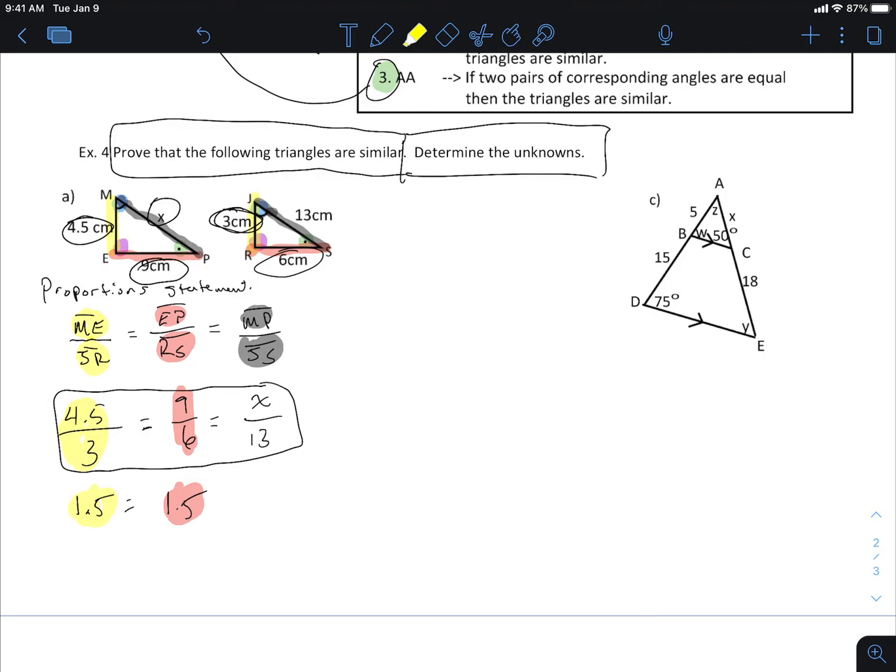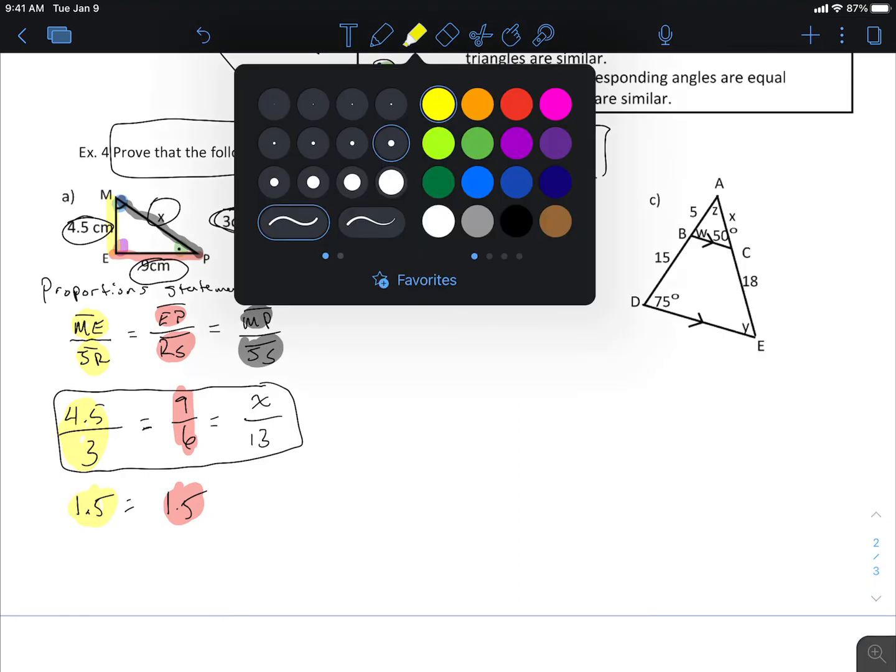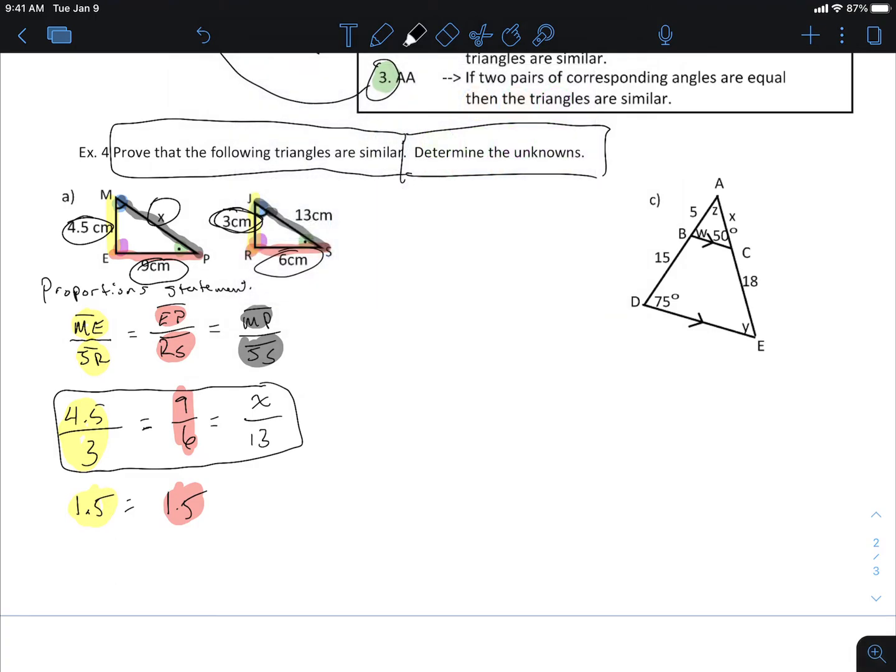Now, there's one other piece here. It's, can we determine the unknowns, is what we ultimately want to be able to do here. So you're going to go, okay, this is also equal to x over 13.